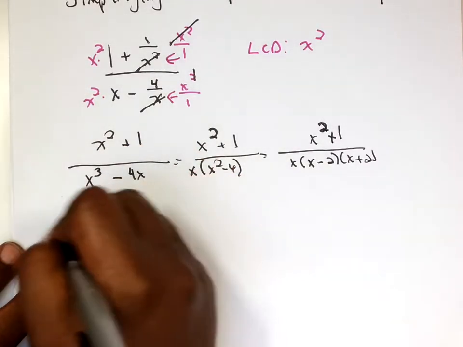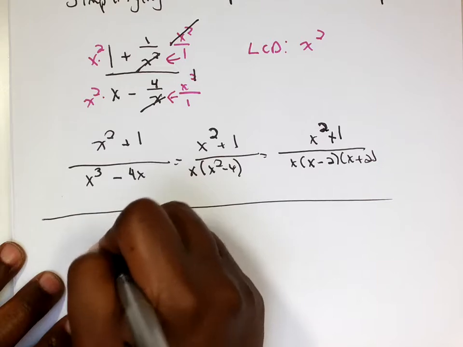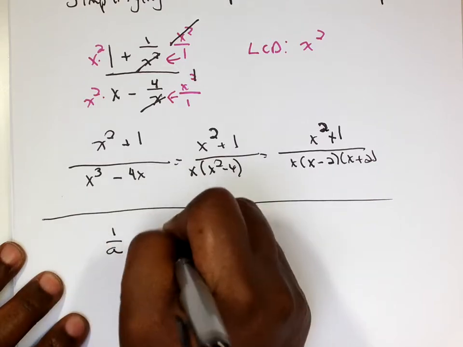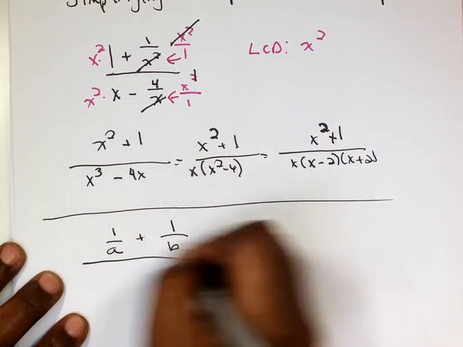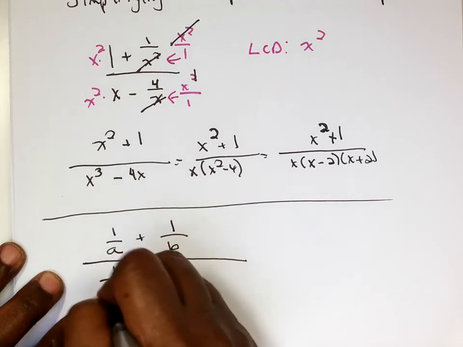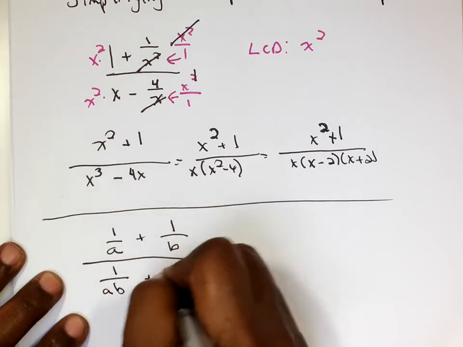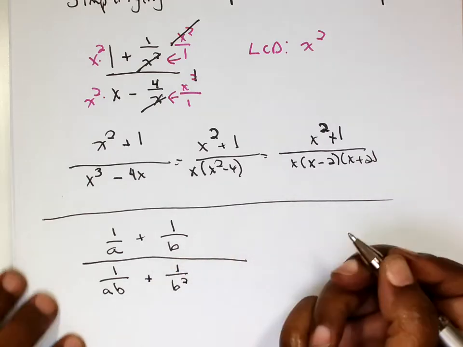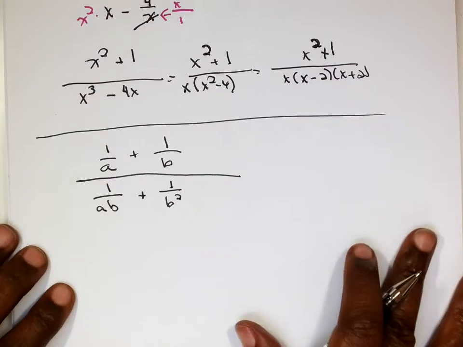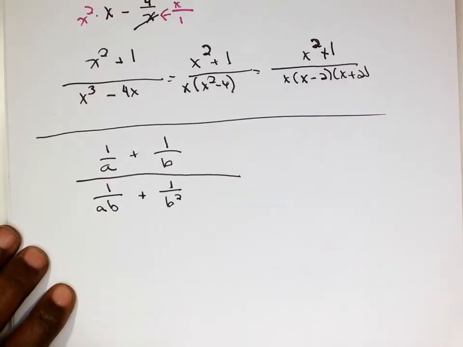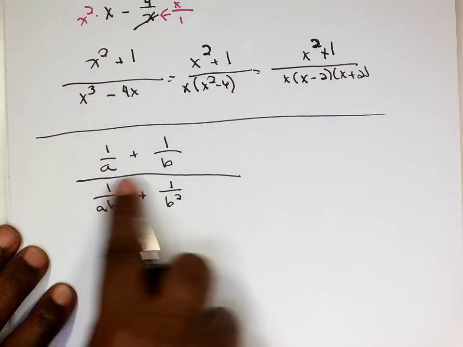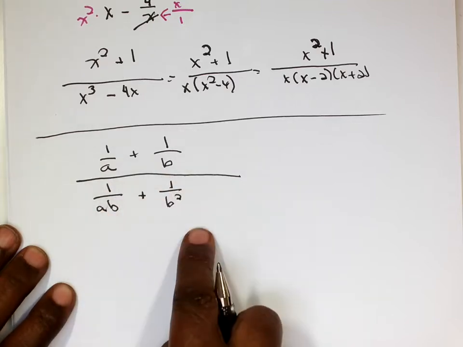Do one more example. We have 1 over a plus 1 over b, and then 1 over ab plus 1 over b squared. So again, I want to look at all these smaller denominators for each term. I have a, I have a b, I have an ab, and a b squared.